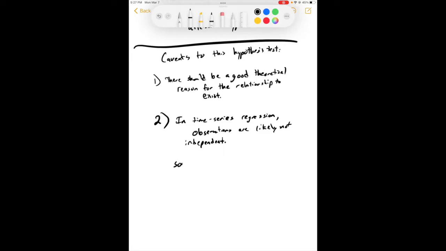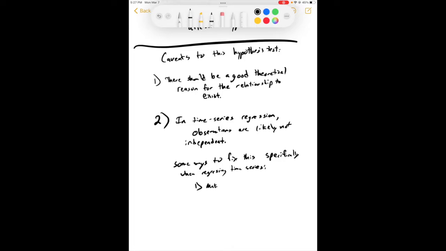But some ways to fix this, specifically when regressing time series. And I mean time series like stock prices or things like that, things that definitely have this time dimension.